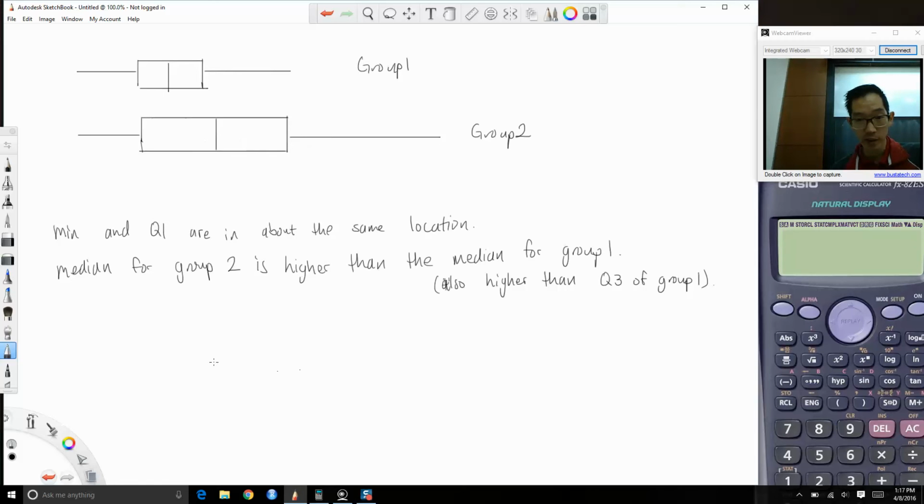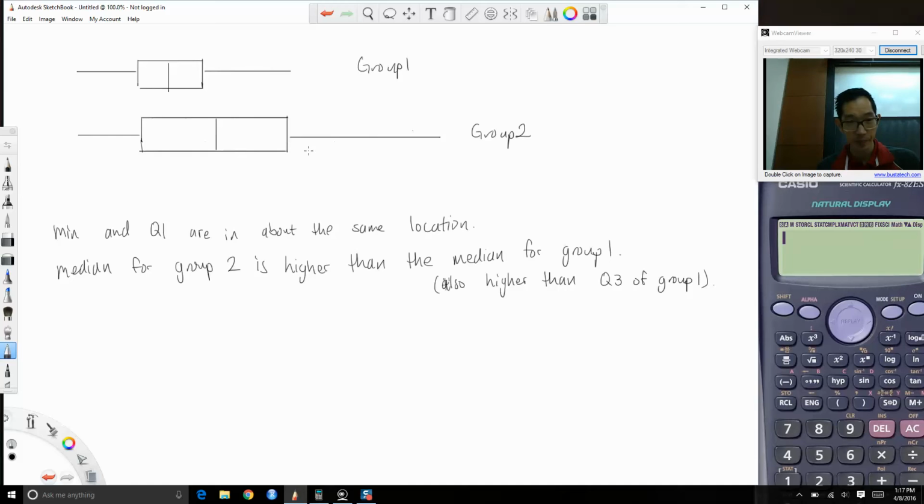Another thing that we can draw from box plots is, oh wait, what was I going to say? So yeah, we can make these types of comparisons.